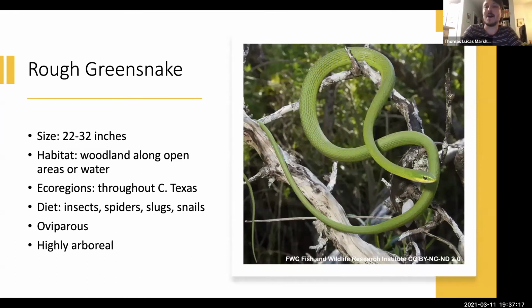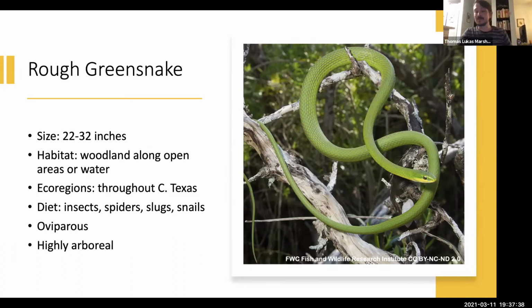Another cool snake that's common in our area is the rough green snake. So this is a really arboreal snake that spends most of its time in the trees. They are found in woodlands, along open areas or waterways throughout central Texas. They eat primarily invertebrates like insects, spiders, and slugs.